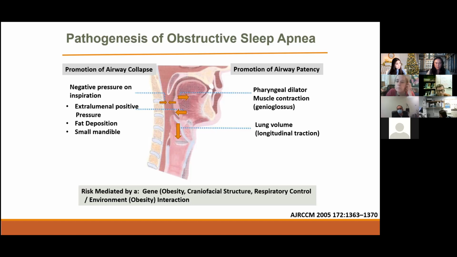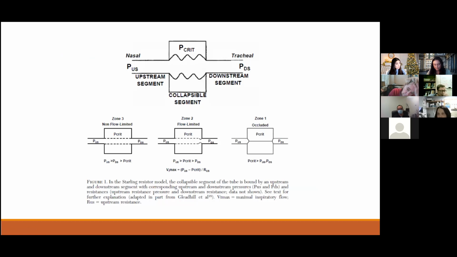But what we're finding is there's a lot more to it than just these anatomic things that drive obstructive sleep apnea. People who have more fragmented sleep, alterations in respiratory control, even outside of central apnea, can contribute to obstructive sleep apnea. And this is all mediated by environmental factors and genetics.